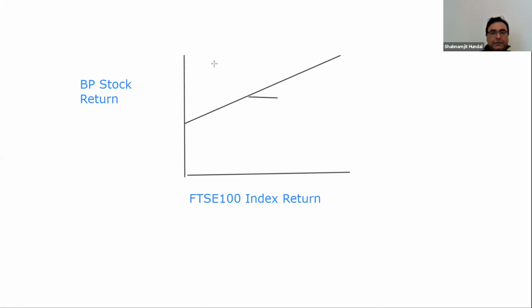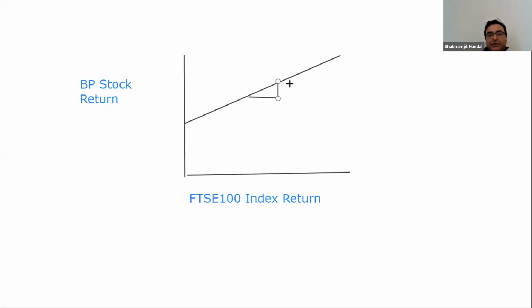Here you can see that there is a change in the horizontal portion. I hope you can see where I'm highlighting. So this is the change in the FTSE value return, and then there's a corresponding change in the British Petroleum stock return.